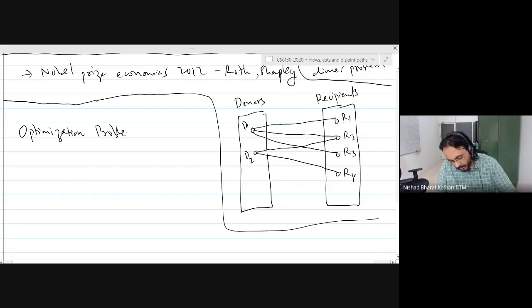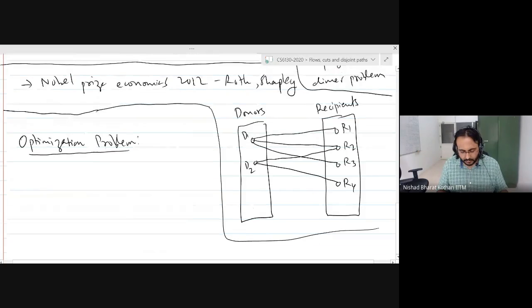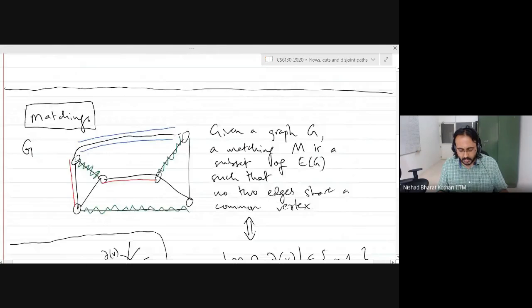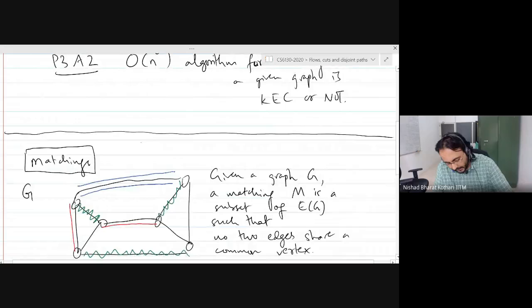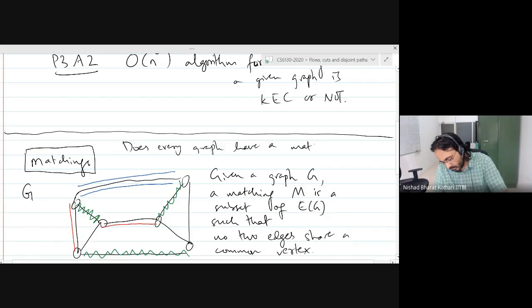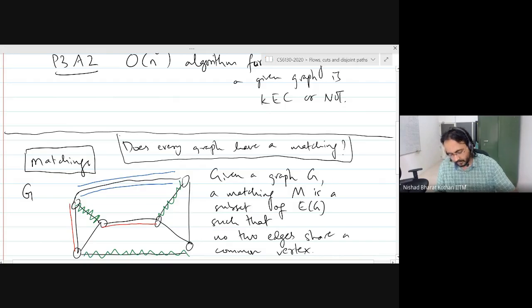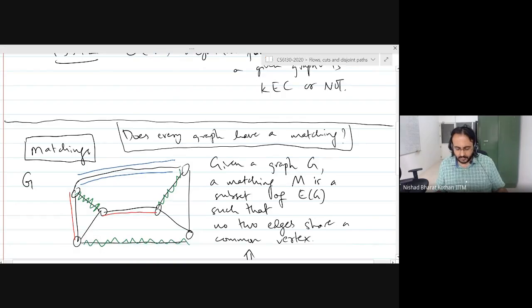So here is an optimization problem. Before I pose this problem, I have a question for you. Does every graph have a matching? Look at this definition.